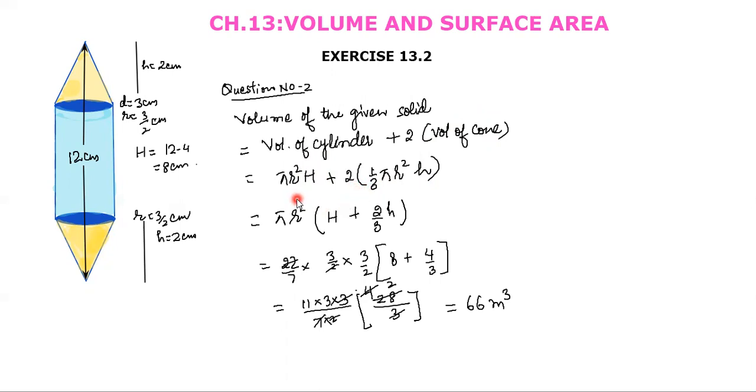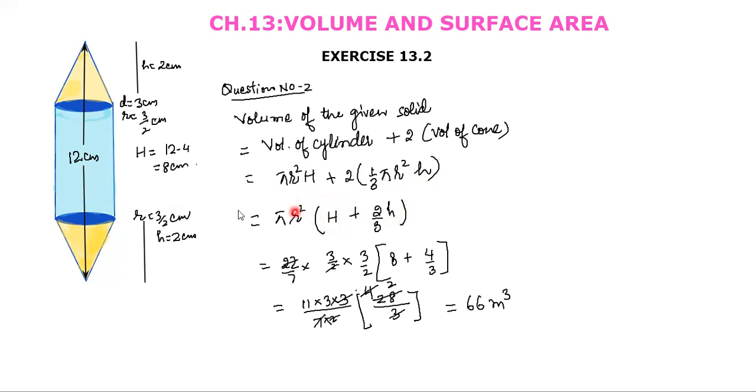I told you your calculation will be simplified if you take out the common portion first. In both, the radius is the same, that means pi r square can be taken common. From this term you are left with only h, and from the other you have taken pi r square common, so you are left with 2 by 3 h.